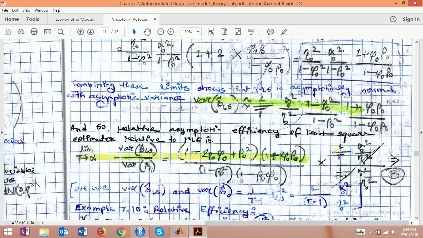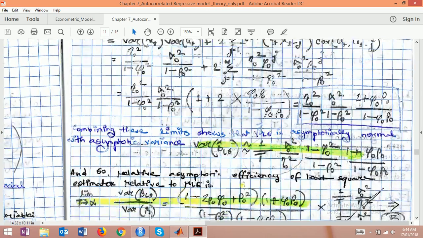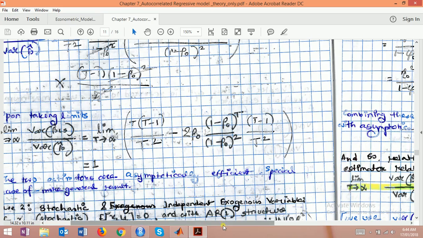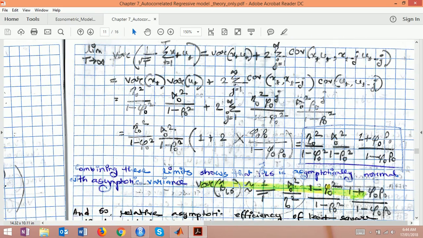So to look further into this, we look into the product of xtut, variance, then covariance. Obviously the mixing CLT suggests variance and all autocovariances. What did the mixing CLT just suggest? It suggests that J shows the asymptotic variance of the sample mean depends on the variance and all autocovariances, xt minus j, ut minus j, fine.